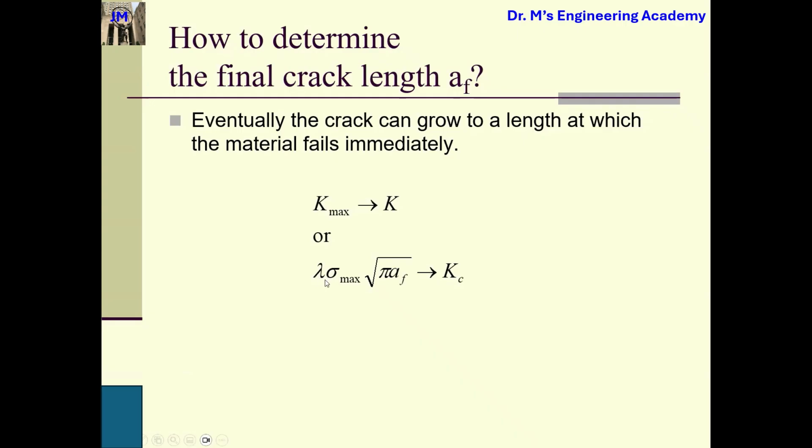Some people use lambda, some people use beta. Lambda is a dimensionless geometry correction factor. Dimensionless means it does not have any unit. Geometry means it is associated with the geometry of the problem domain, and correction, because we use it as a correction factor.